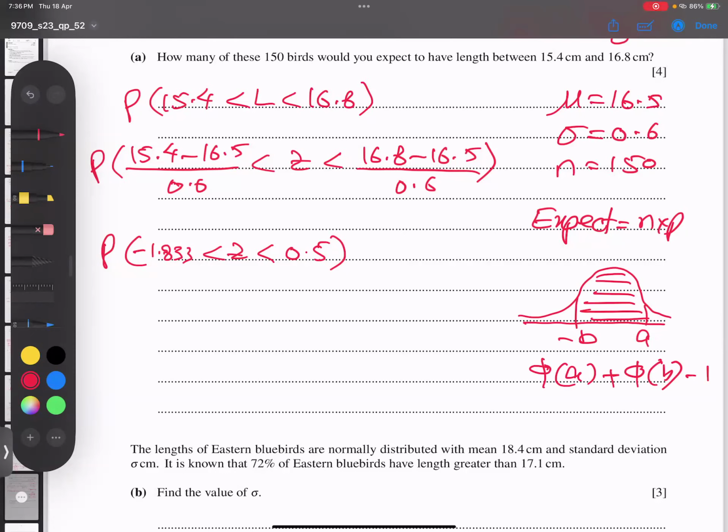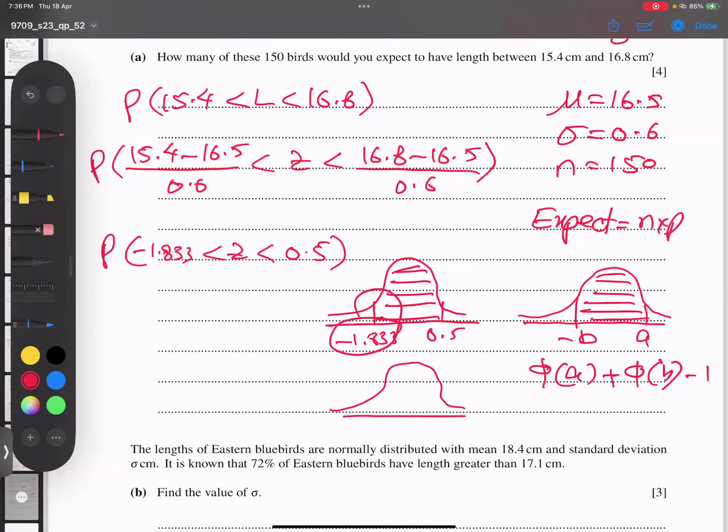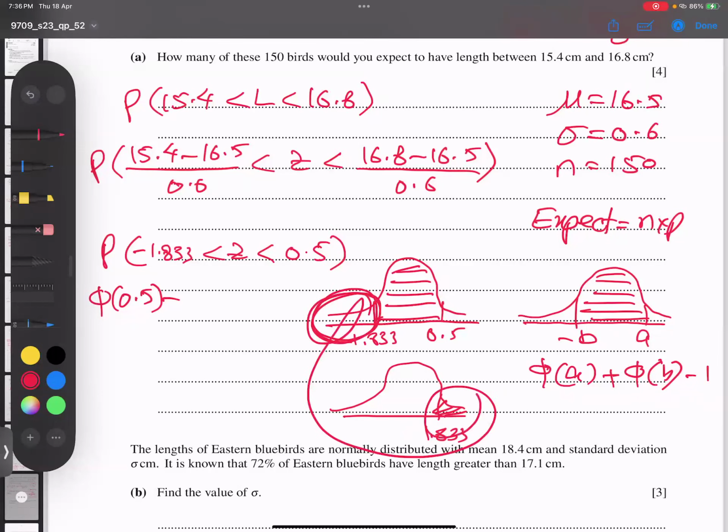And if you want to know what the technique is, I can show you. Look now. 0.5 is coming here, negative 1.833 coming here. The middle region is my target. So student, what is the technique? Negative values are not available in the table. If I write it on the next side, 1.833 coming in positive, this region and this white region are equal to each other. From the full area we find phi of 0.5. From this, I want to subtract this portion.